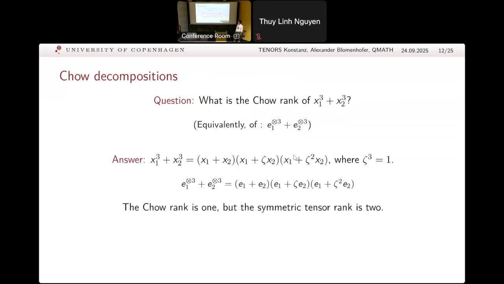Except that every bivariate form factorizes as a product of linear forms, right? If we take the 3rd roots of unity, which are exactly the roots of this equation after we dehomogenize it, we get that this is a product of 3 linearly independent linear forms. So the Chow rank of this thing is 1, but the symmetric tensor rank is 2.